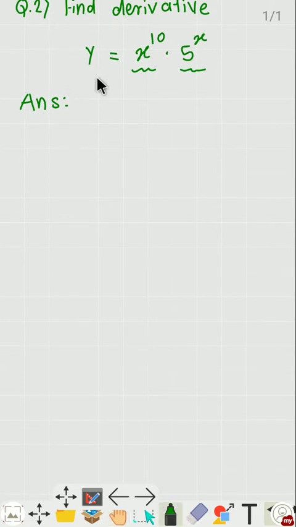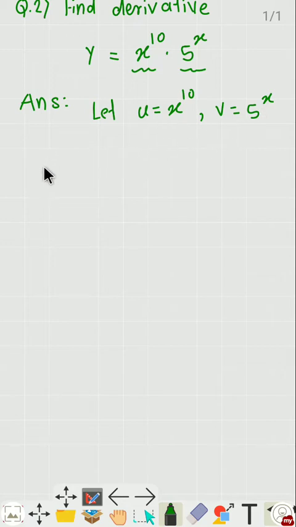Okay, so let us take u is equal to x raised to the power 10 and v is equal to 5 raised to x, u and v function.